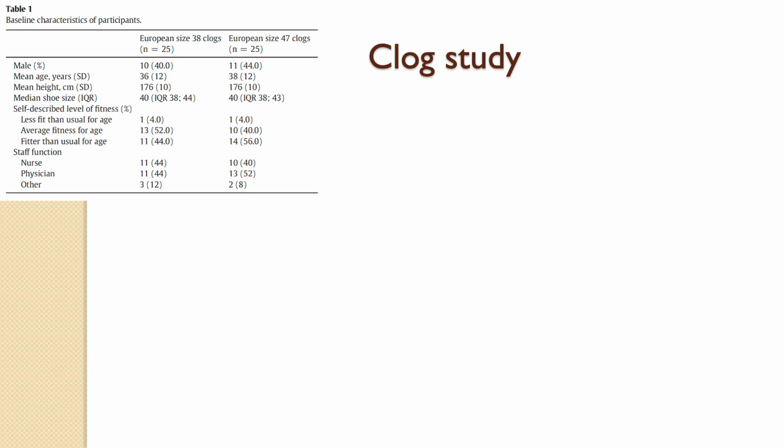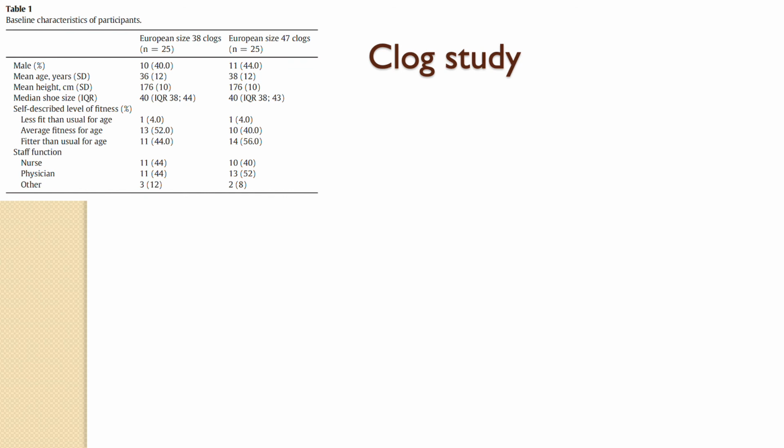What we did is very simple. We compared size 38 clogs versus size 47 clogs in running a specific distance, whether you would run faster with size 38 compared to size 47.